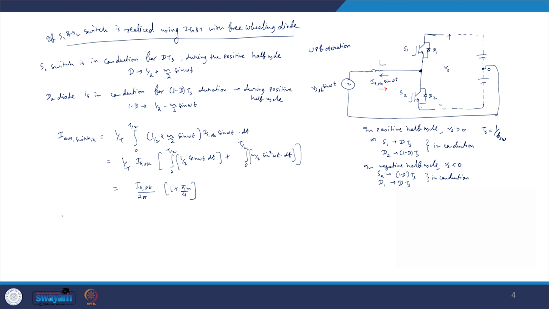Similarly, we can now define the IRMS of the switch S1 as 1 by T, 0 to T by 2, of Is peak sine omega t squared dt.